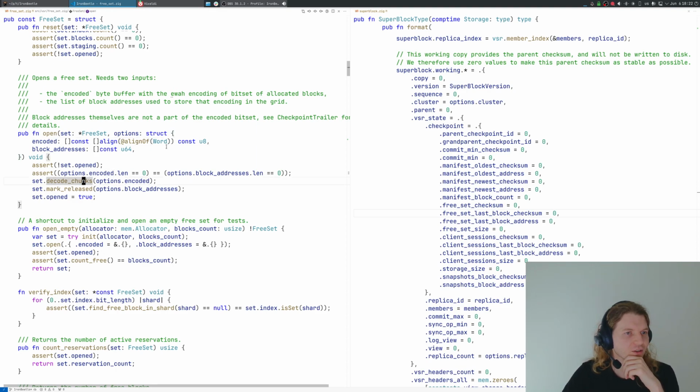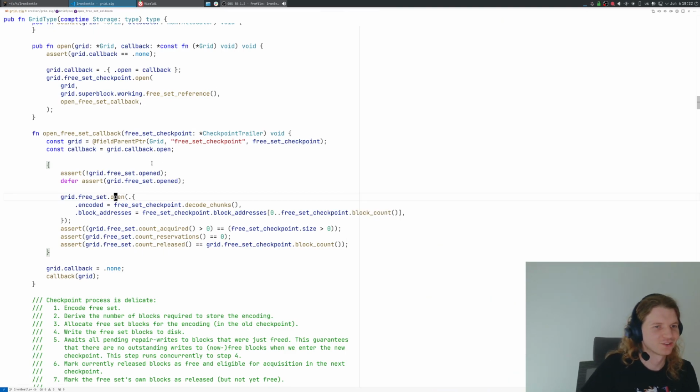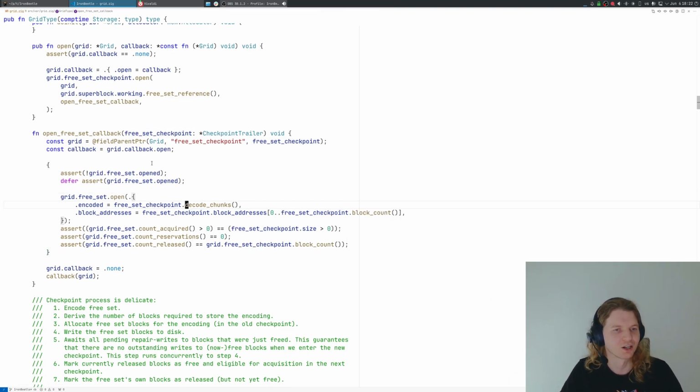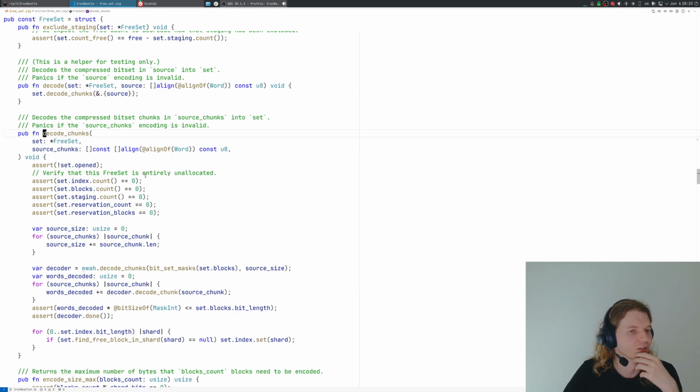And here, it's interesting. I don't see any checks here for the total size of the chunks. Okay, yeah, that's interesting.